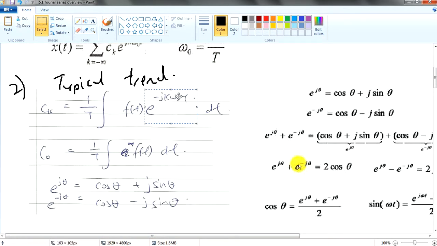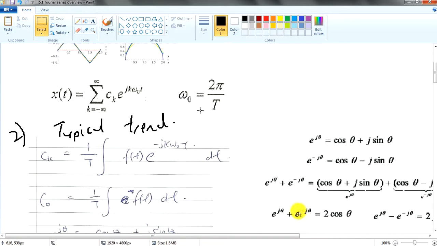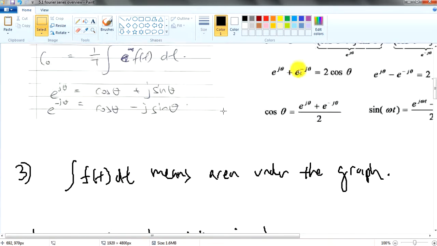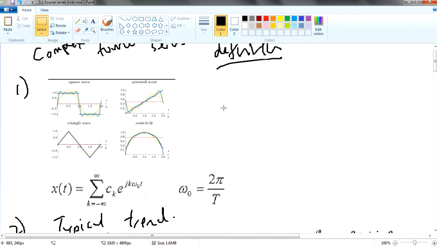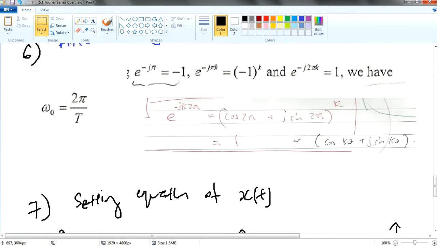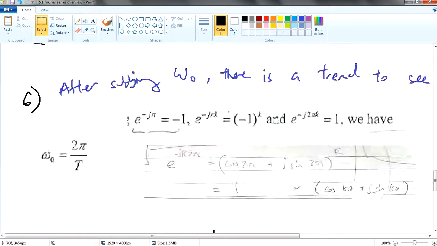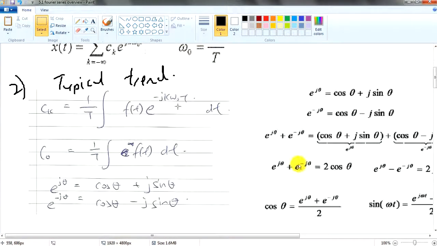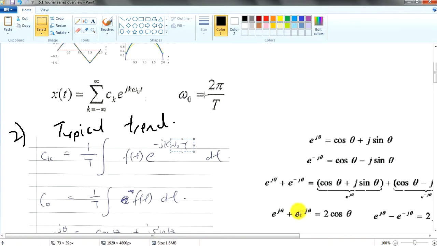The jk omega t brings the t upwards, so t multiplied by omega equals 2 pi.